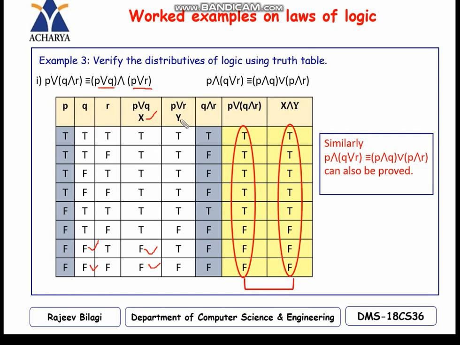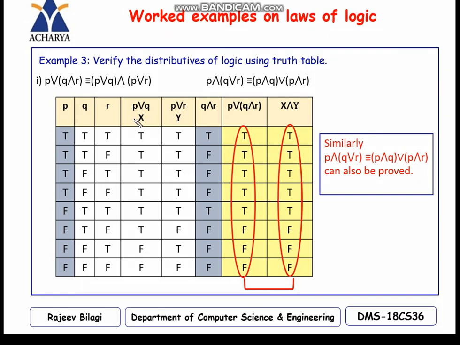Similarly, P or R: when there are two values which are F, this is F, F, and this one is also F, and this is also F. All other values will be true. Okay. So that is the first part.